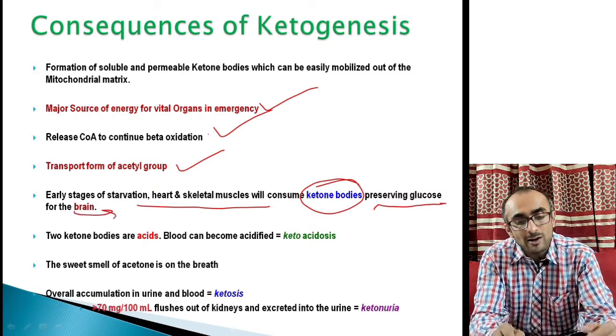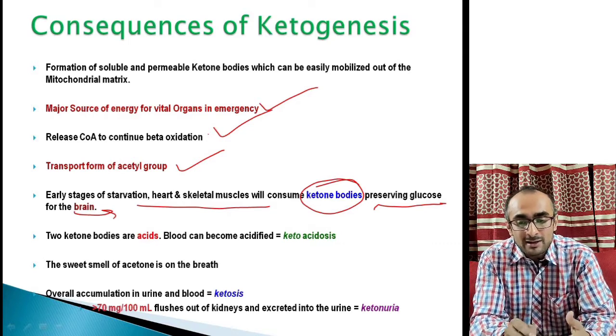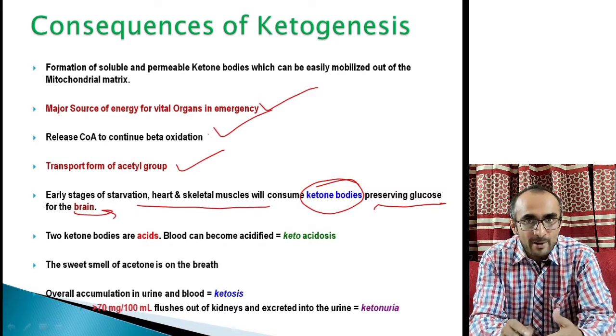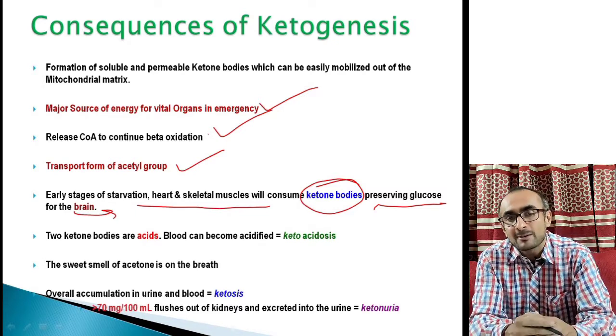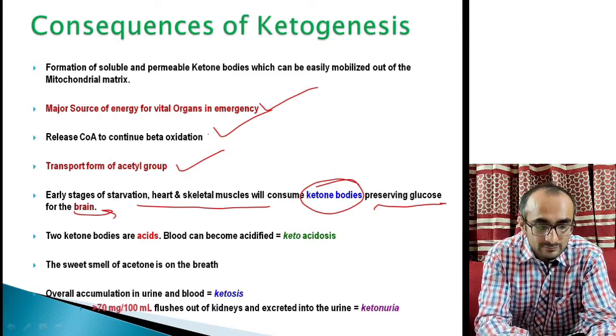That happens in case of early starvation. And later, in the late stage of starvation, ketone bodies are capable of crossing the blood-brain barrier. The brain also utilizes them for energy production when glucose is missing.